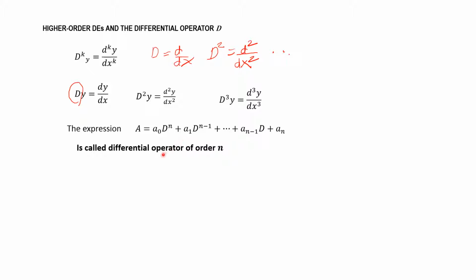Again, we call this expression a linear differential operator of order n. When it operates on y, then Ay is equal to a0 times the nth derivative of y with respect to x plus a1 times the (n-1)th derivative of y plus and so on, a_(n-1) dy/dx plus a_n y.